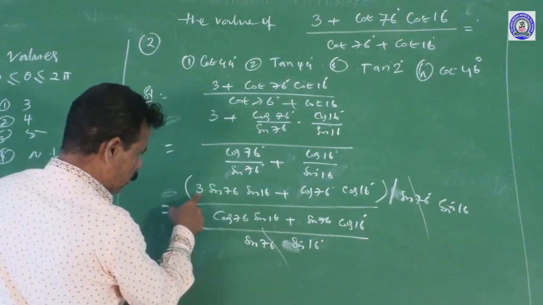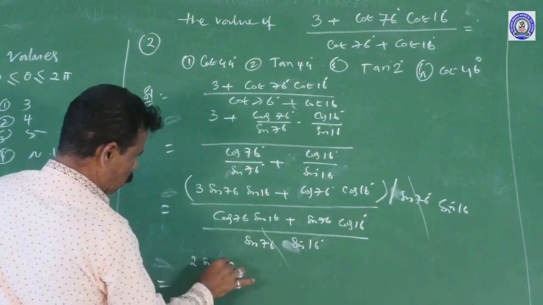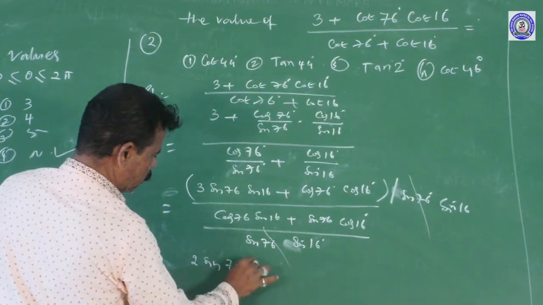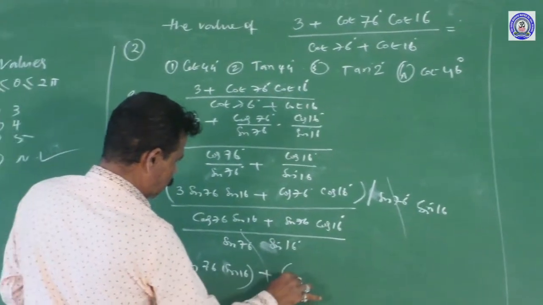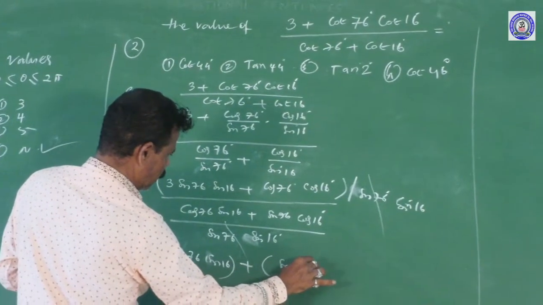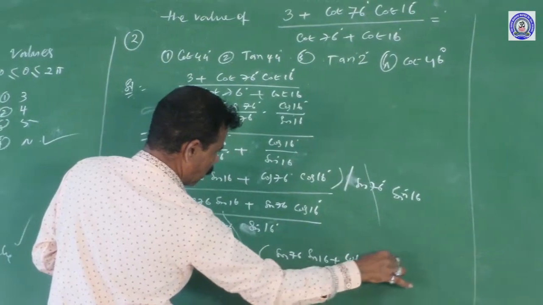So the remaining 3 is written as 2 plus 1, so 2 sin 76 sin 16 is separated, and another sin 76 sin 16 plus cos 76 cos 16.